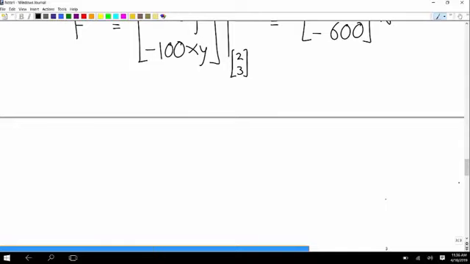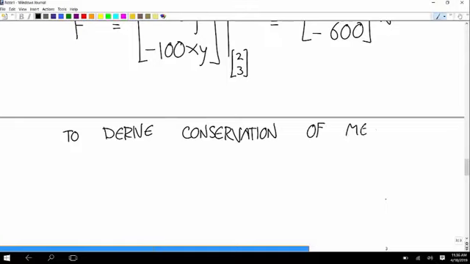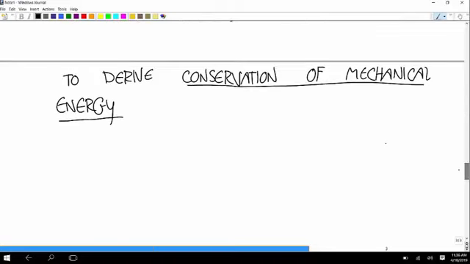And now, to derive the conservation of mechanical energy equation, suppose that all the work done on an object is done by conservative forces.